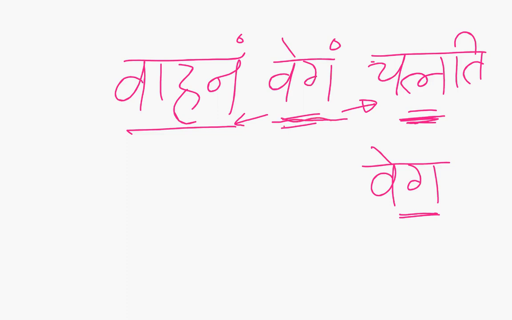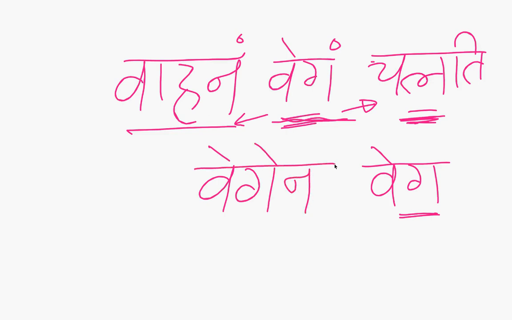But if something is moving or action is happening here, we generally use it in the Tritiya Bhakti, Tritiya Bhakti Ekavachanam. Vahanam vegena chalati, like that. What are the other examples you can think of? Vahanam vegena chalati.